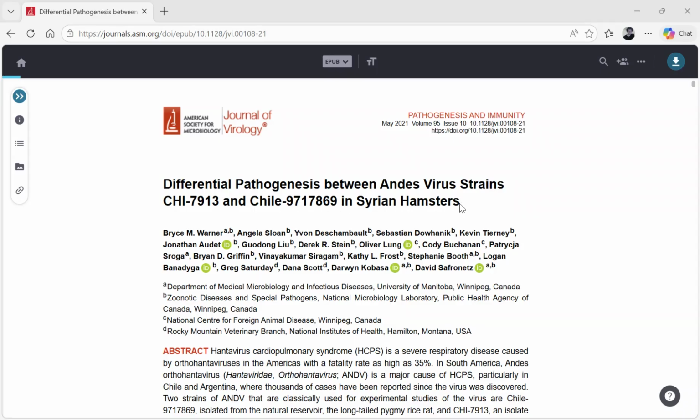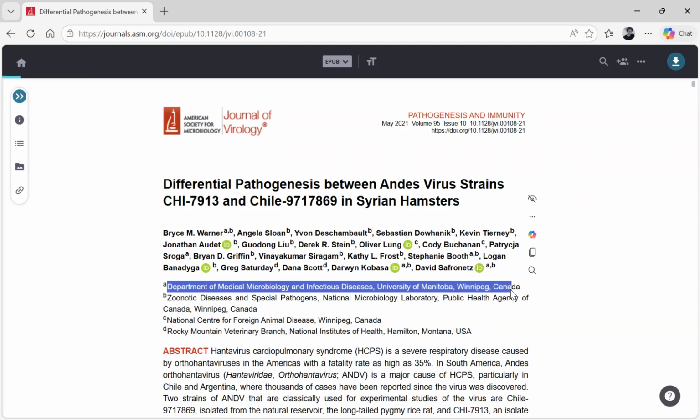Now, again, the Syrian hamsters are from Fort Detrick, U.S. AMRIID. Now, what is interesting in this paper is that Rocky Mountain Veterinarian Branch of the NIH, that's important to pay attention to. Also, Canada has been working on the Andes virus.